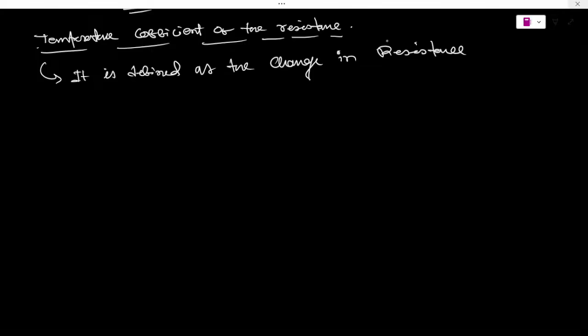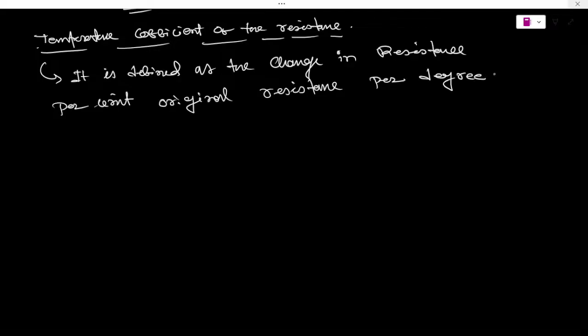It is defined as the change in resistance per unit original resistance per degree rise in temperature.